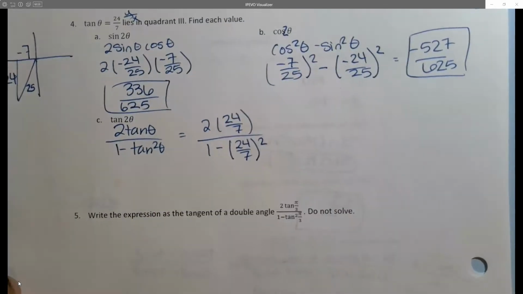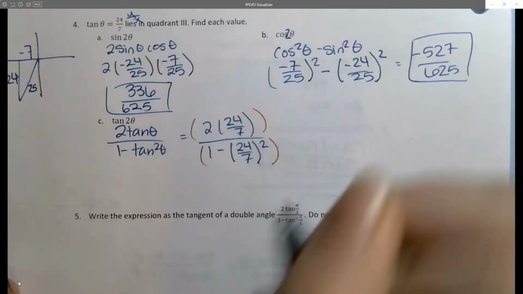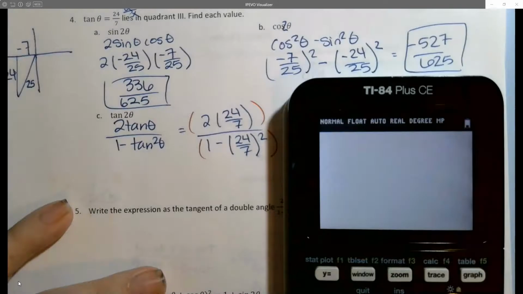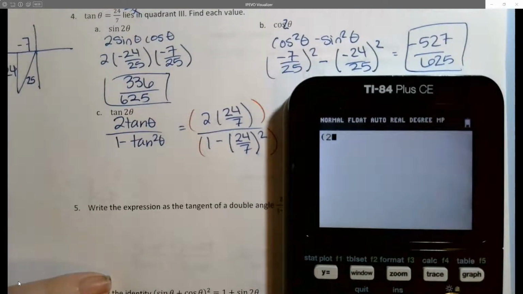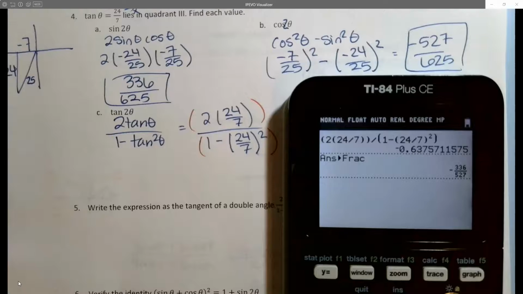Again, I can type this straight into the calculator if I put the top in a set of parentheses and the denominator in a set of parentheses. I go to math fraction, and it gets me negative 336 over 527.